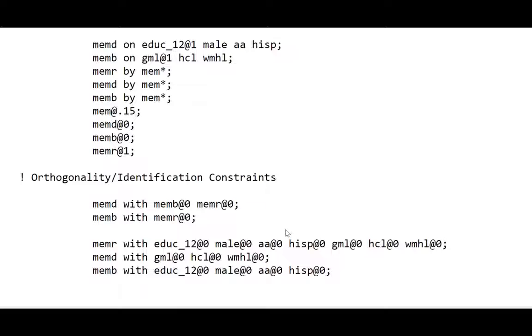So in your presentation earlier, you were talking about like 50% of the variance in memory being due to the residual, 20% due to MEMD, and another 30% due to MEMB. Is that what you get from squaring the standardized regression of MEMR on MEM, or how do you get that?